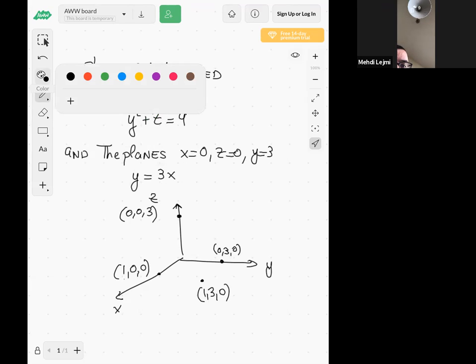So then the solid S would be like this. We have here a cylinder.